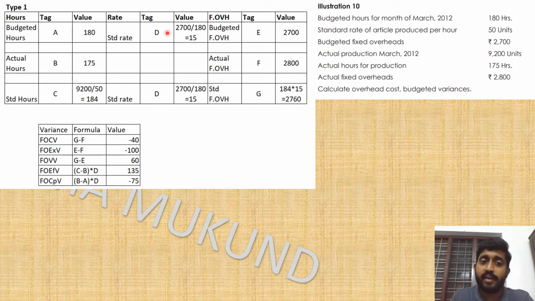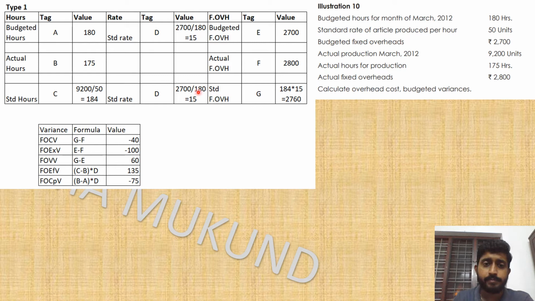Next is the standard rate, which we have discussed in the formula. Standard rate is nothing but the budgeted fixed overheads, 2,700, divided by the budgeted hours, 180. Hours multiplied by rate is fixed overheads, so rate is equal to fixed overheads divided by hour. 2,700 divided by 180 is going to be 15.